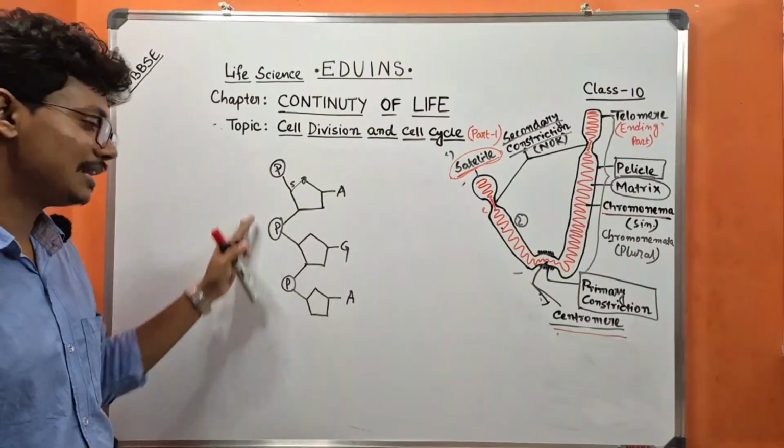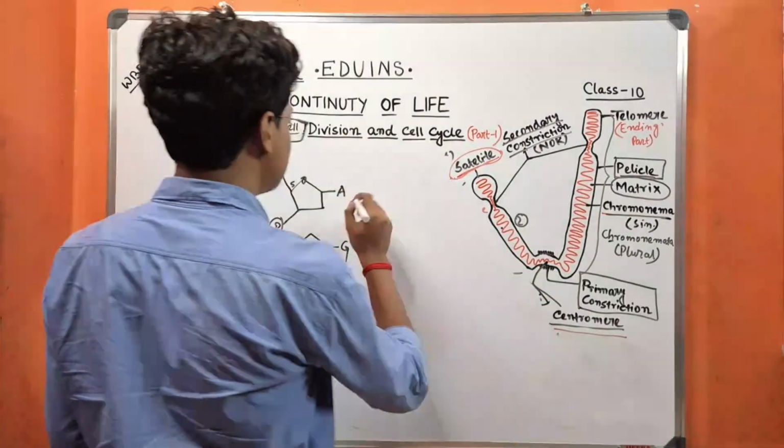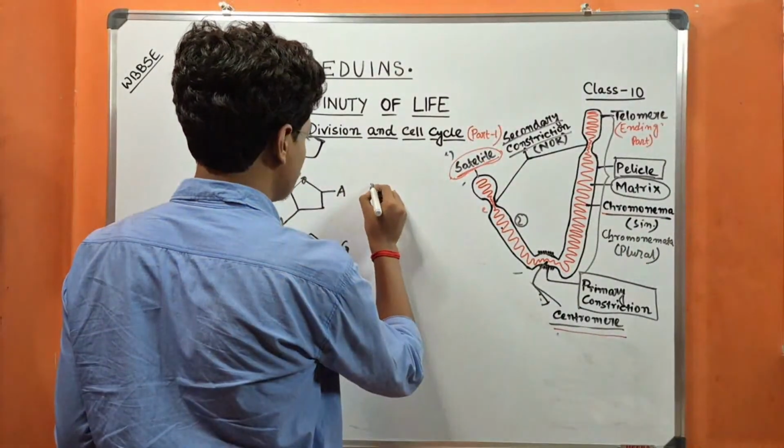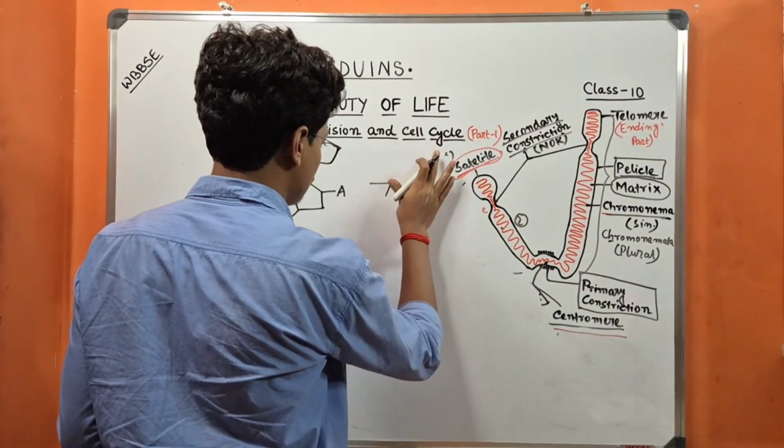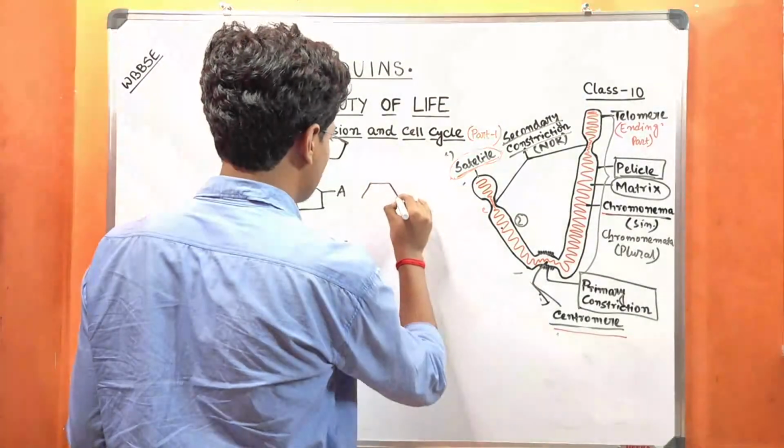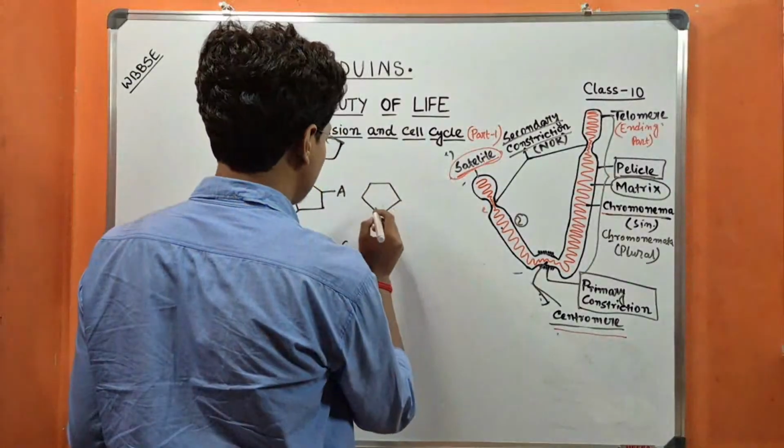This is the left side, but the right side is opposite, a mirror image. How? On the right side it looks like this, inverted.